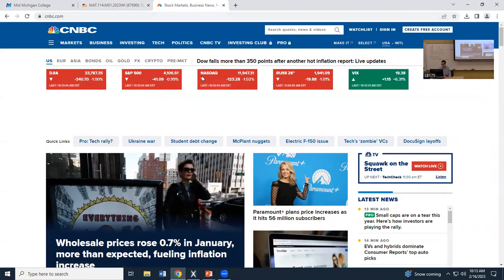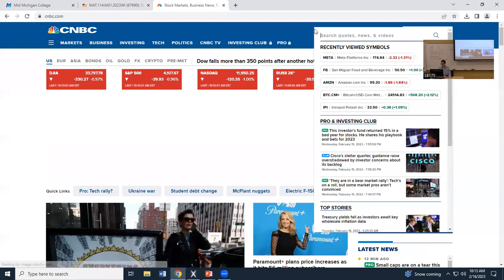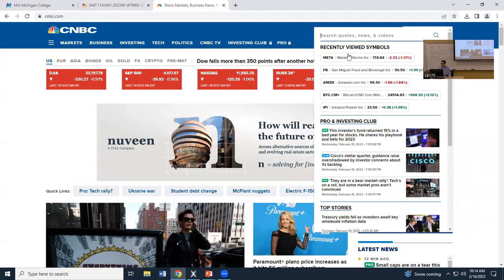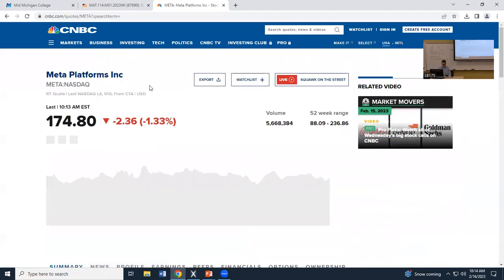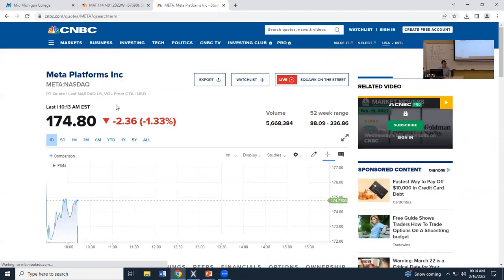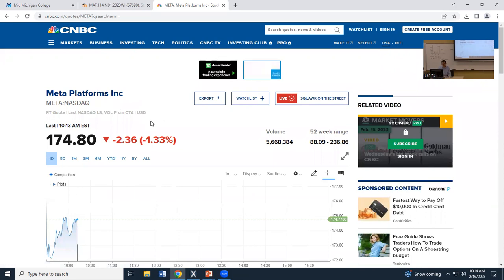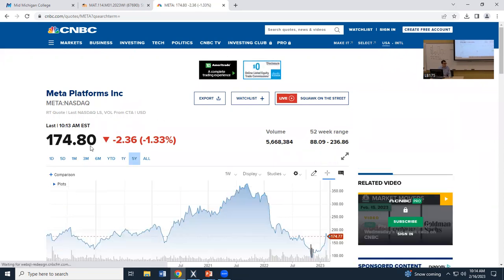So here's some different stock prices. Let's click on Meta. This is the Facebook parent company. You guys know that? Called Meta.